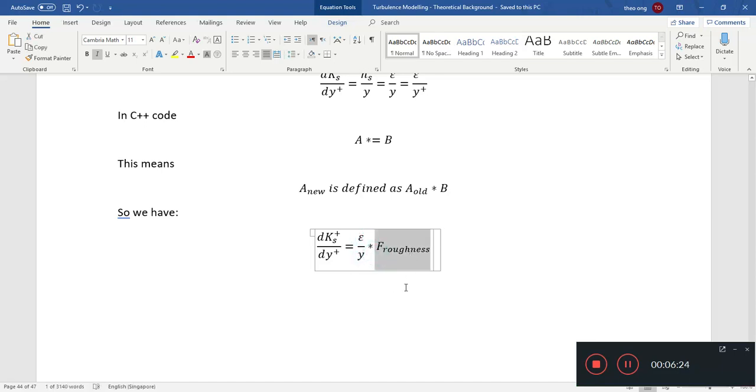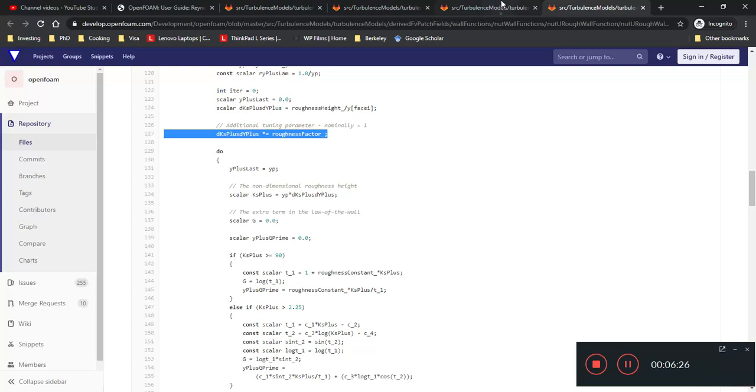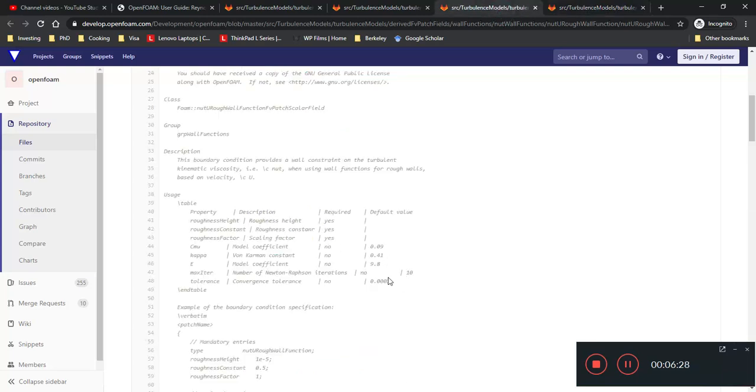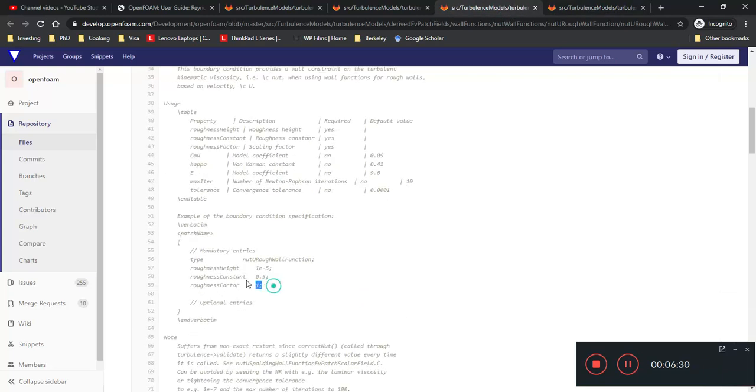The default value, a typical value, is 1.